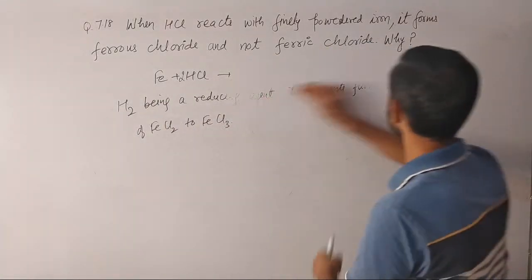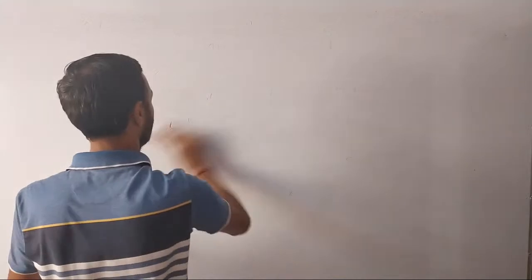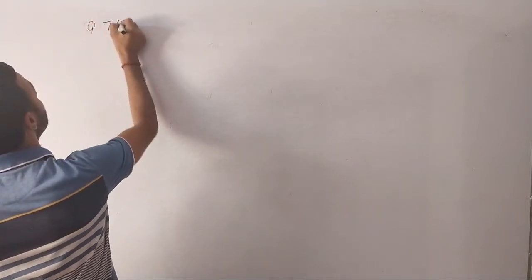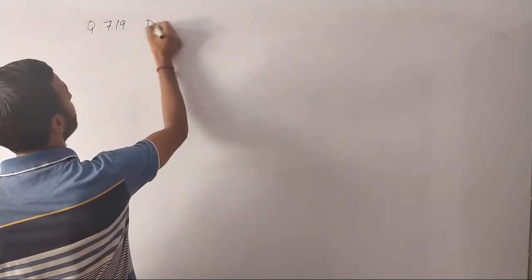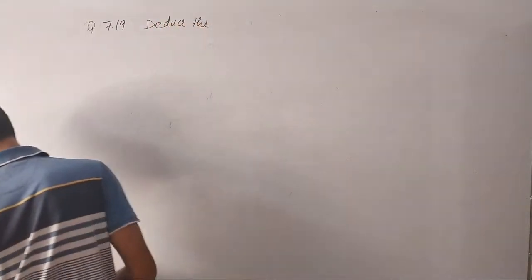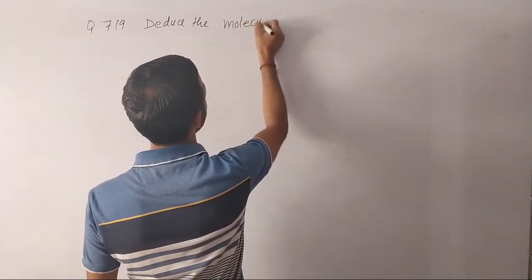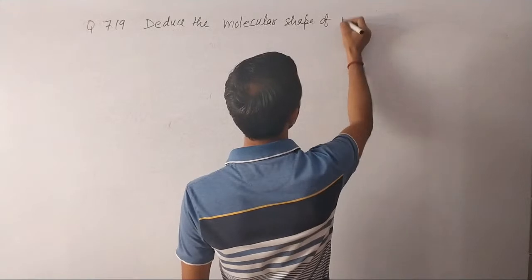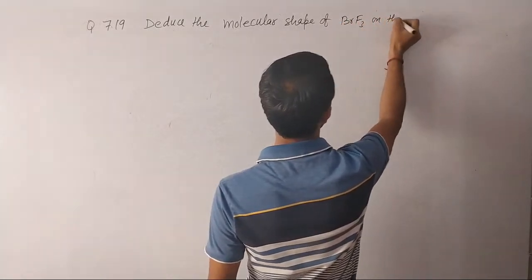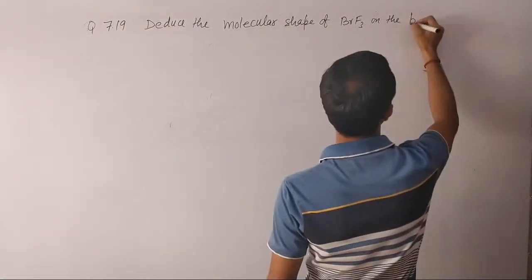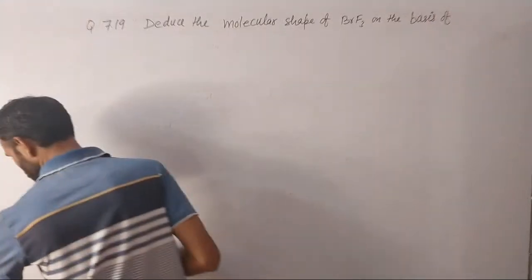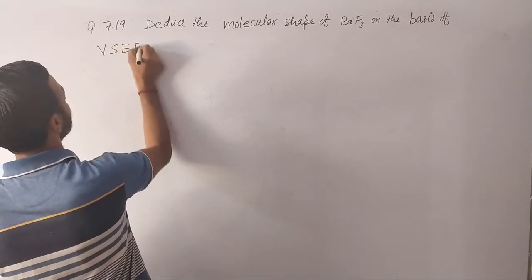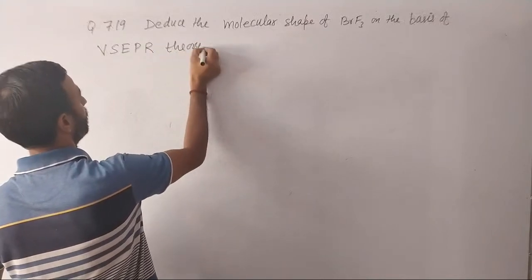Now question number 19. Deduce the molecular shape of BrF3 on the basis of VSEPR theory, valence shell electron pair repulsion theory.